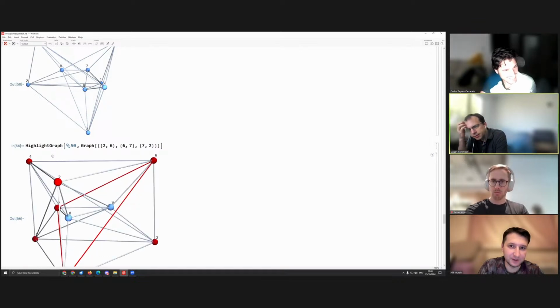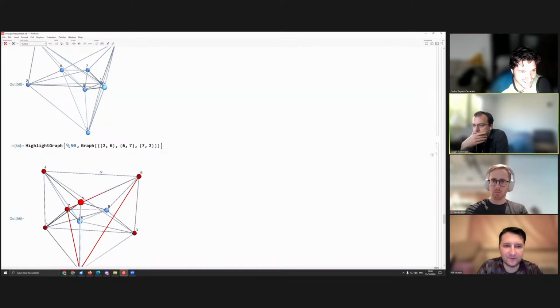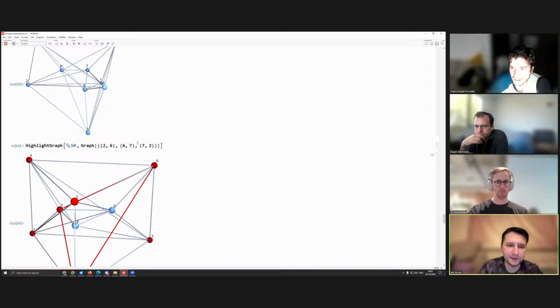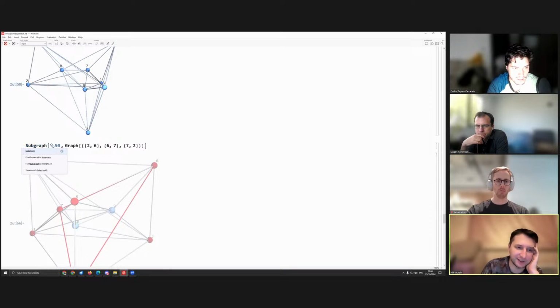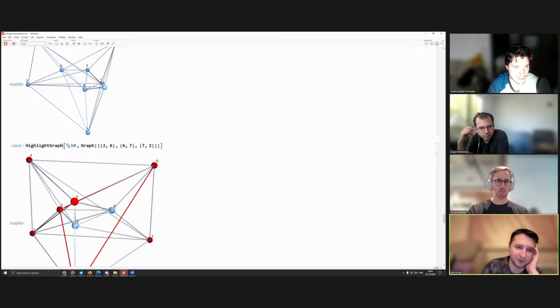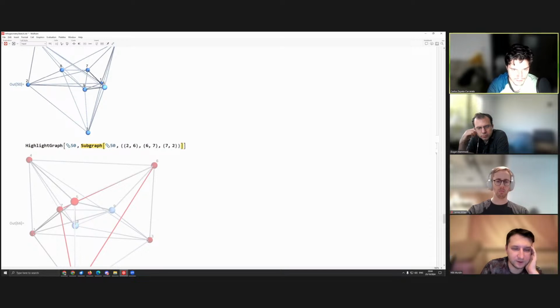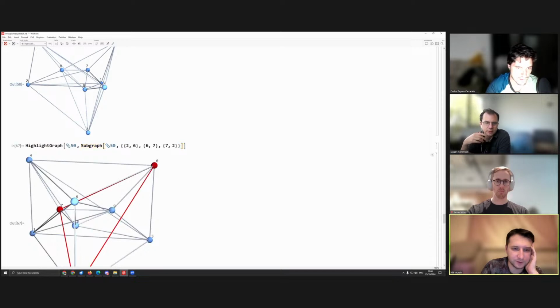Maybe just supply a list of undirected edges. List of undirected edges, but that's what I did. Try subgraph, like subgraph %50, and then list of edges. Maybe keep that as the second argument to the subgraph of %50. Right. And then like that. Okay. Nice. Okay, that works.